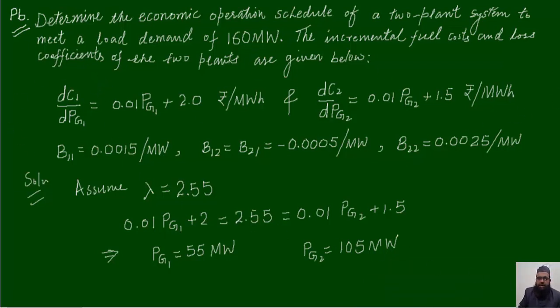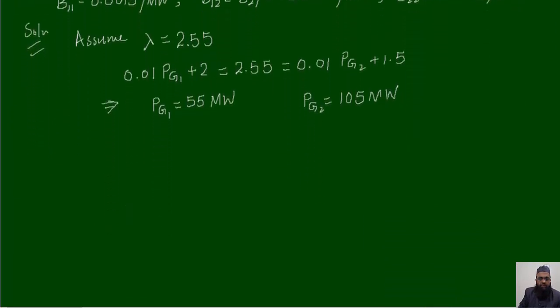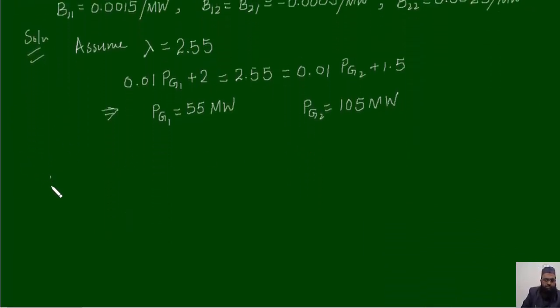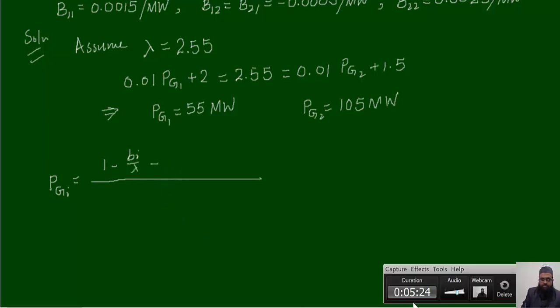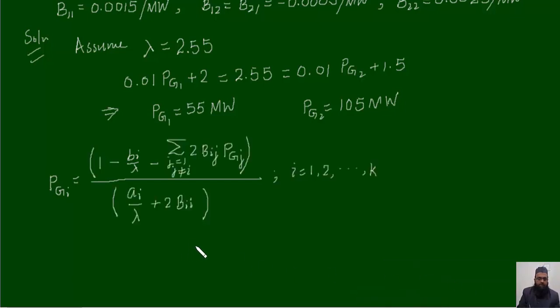And in the previous lecture we have derived the coordination equation as Pgi is equal to 1 minus Bi upon lambda minus the summation term. For a two plant system we have i equal to 1 and 2 only, and this relation we have already derived in the previous lecture.